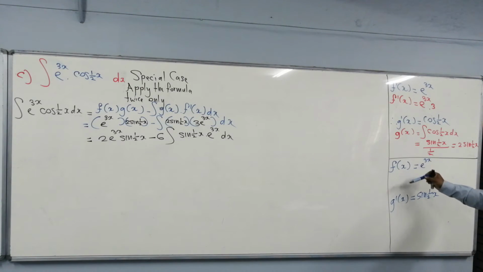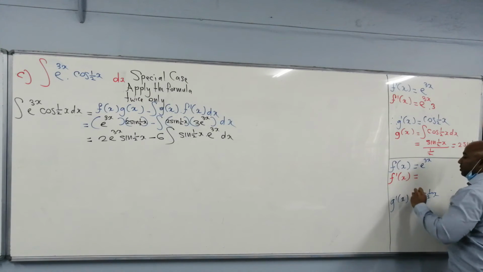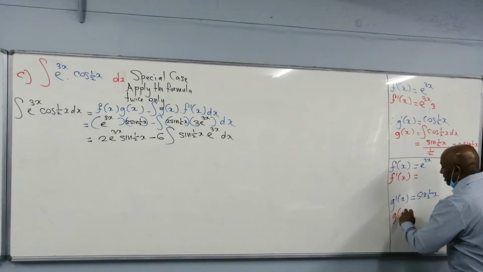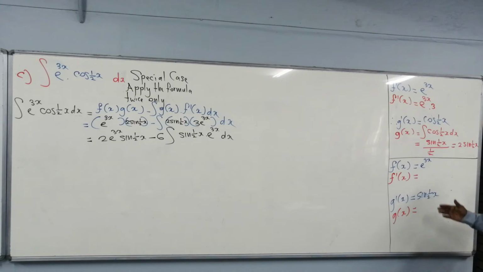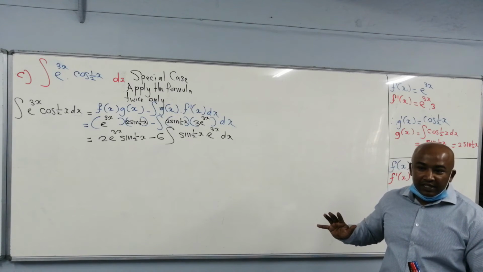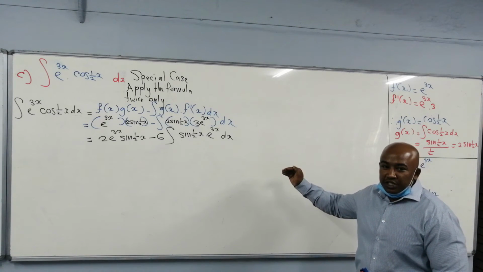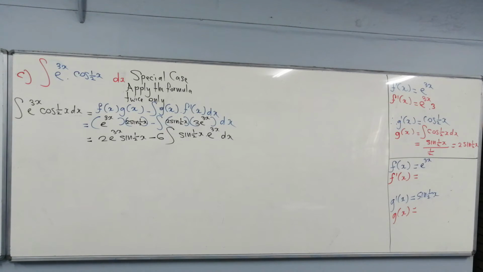I need to differentiate here. I need to integrate here. So f prime x is equal to, and then g of x is equal to, you know what to do. Let me give you 2 minutes to do this part. Write down the formula, make sure your brackets and everything are 100%. Do the substitution and then wait for me after that.